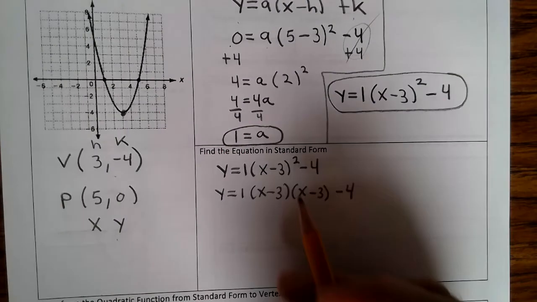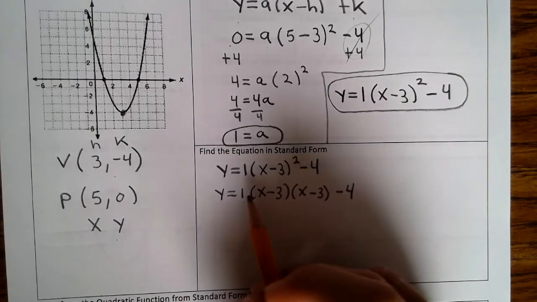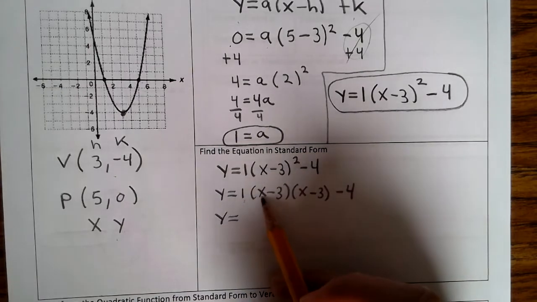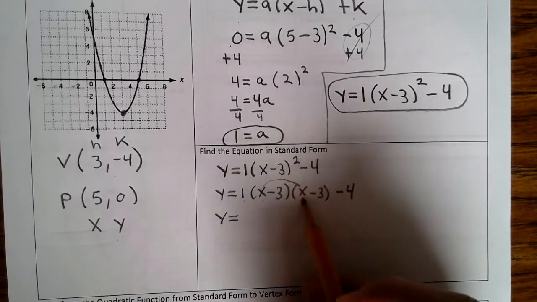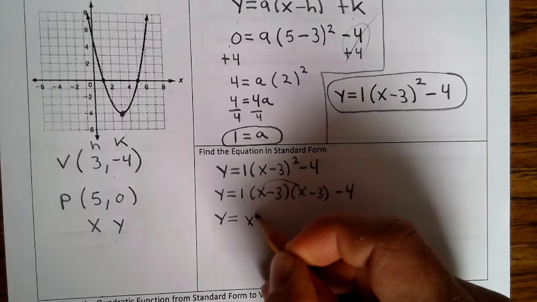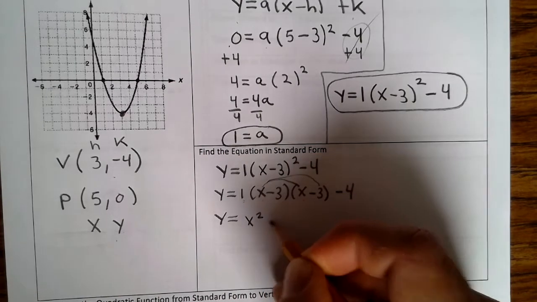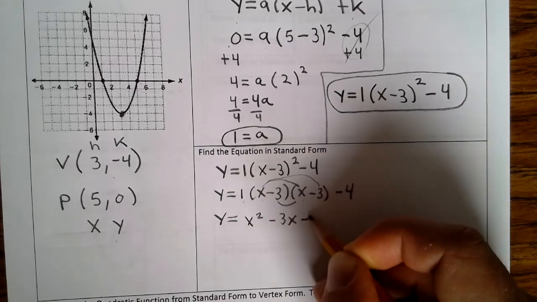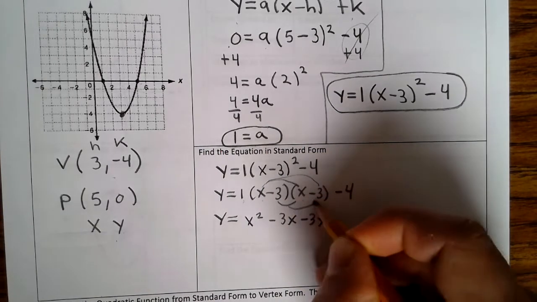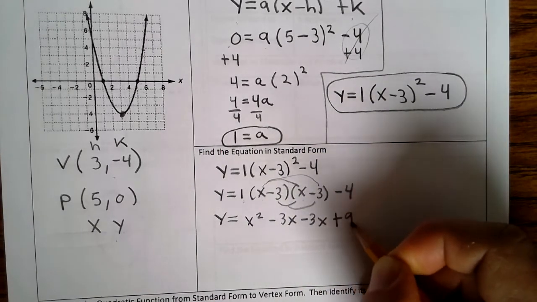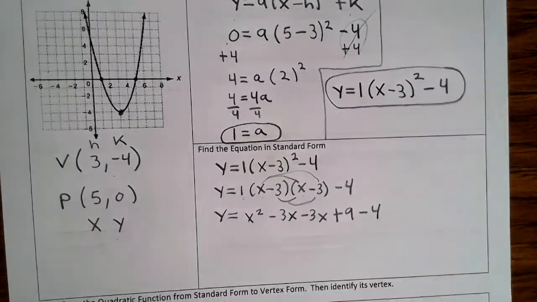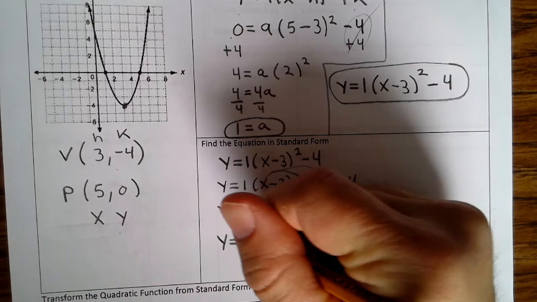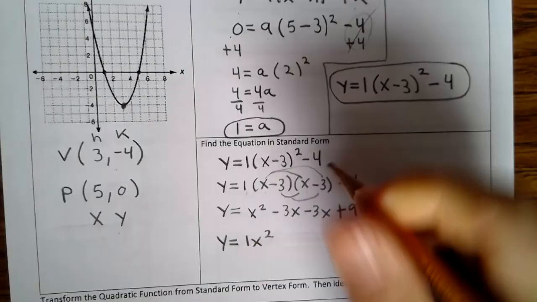So now we just distribute. x times x is x squared. x times negative 3 is negative 3x. Negative 3 times x is negative 3x. And then negative 3 times negative 3 is a positive 9. Can't forget we're subtracting 4. So now we simplify. That's 1x squared. Negative 3x and negative 3x combined to be negative 6x. And then 9 minus 4 is a positive 5.